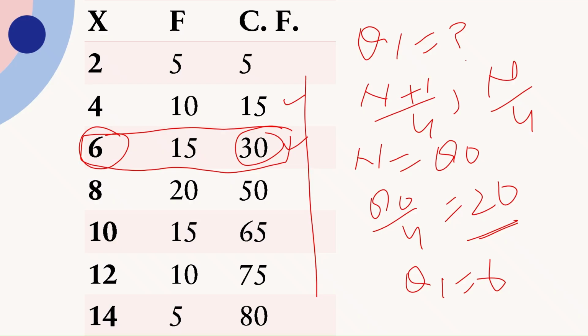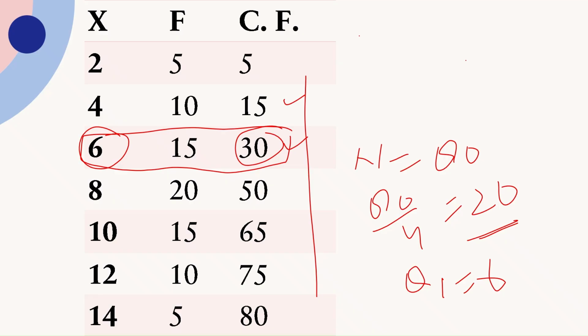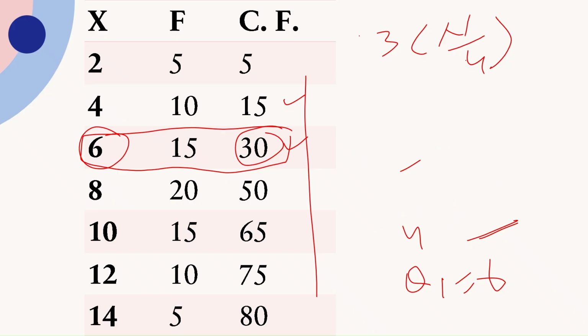Similarly, we can find Q2. For Q2, as you know, we use the formula 2 times n by 4, and for Q3, we use the formula 3 times n by 4. For example, for Q3 it is 3 times 80 by 4, which is equal to 60.